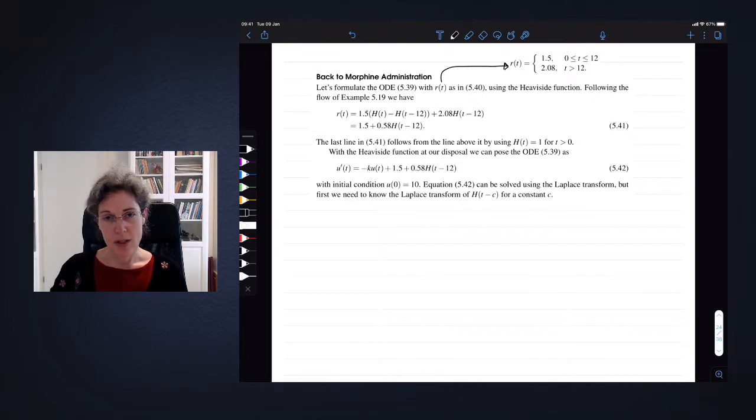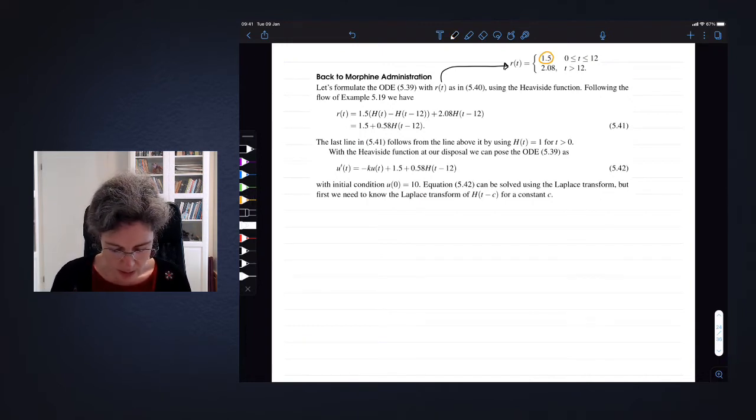Okay, so let's bring this back to our original example, our morphine administration. So we were thinking about the regime where we had a patient after an operation on a certain amount of morphine, but at 12 hours they were like, no, the pain is really bad, and so the morphine was increased. So initially our patient is receiving 1.5 milligrams of morphine per hour, so this is a constant feed, and then after 12 it's 2.08.